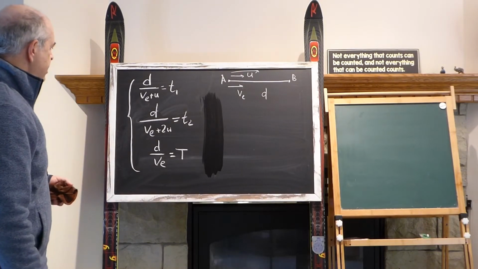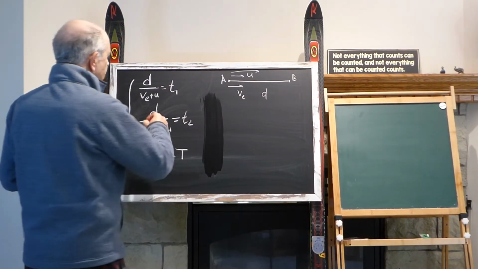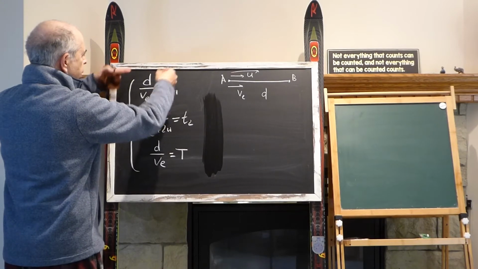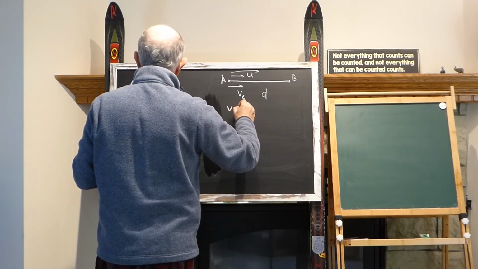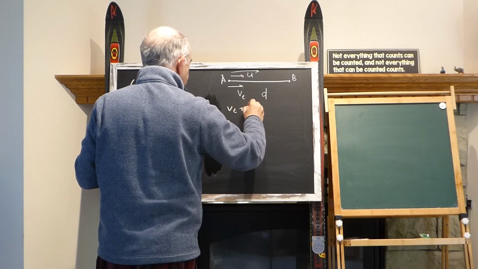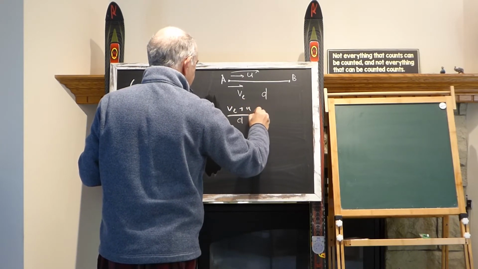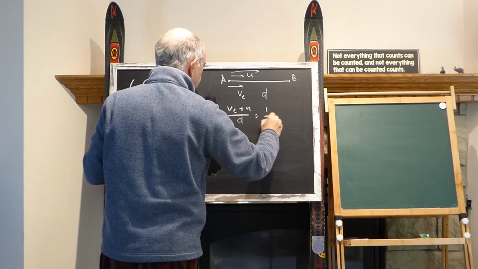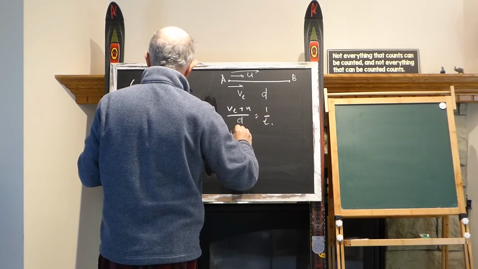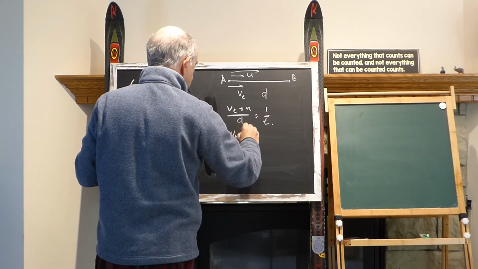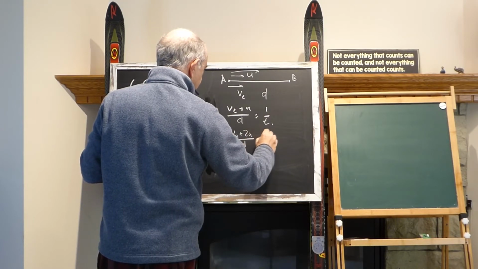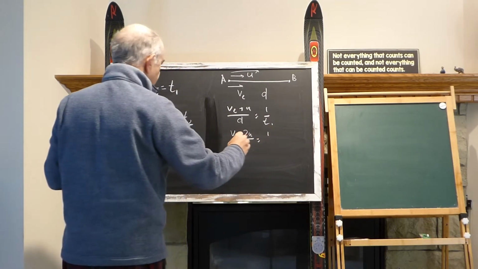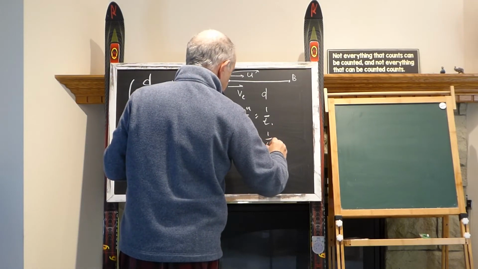So if they ask us only about T, the way to do it is to flip it over, and then we have VE plus U divided by D equals 1 divided by T1. VE plus 2U divided by D equals 1 over T2.